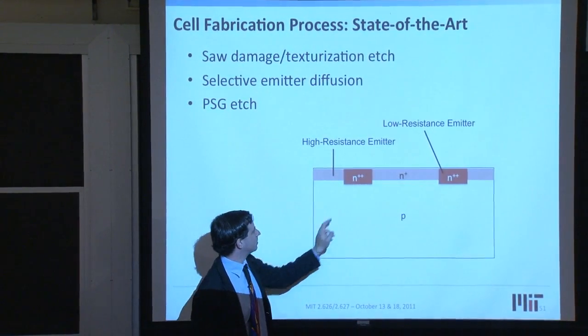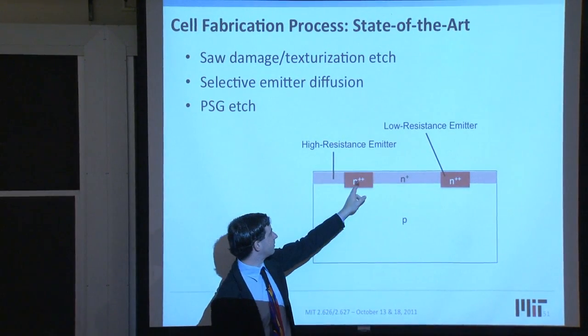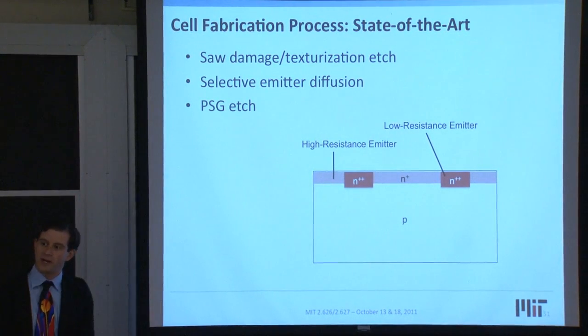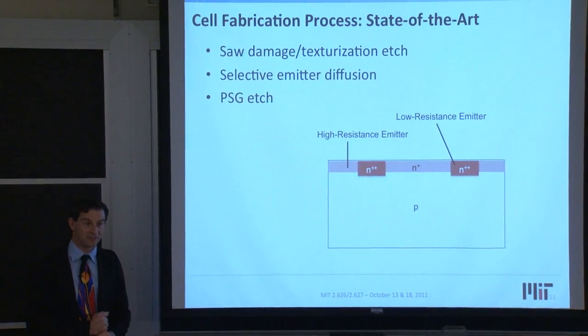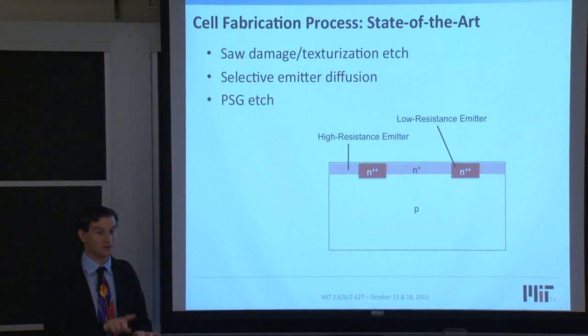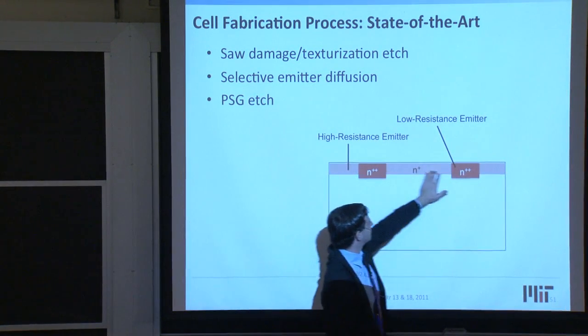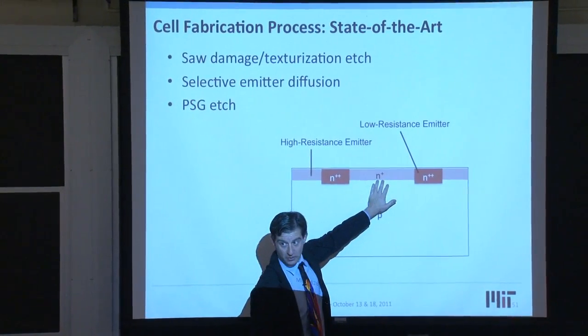Typically what we do is deposit a lower resistance, or more highly doped, that's why we have the 2 pluses here, that means very highly doped, emitter right underneath where the eventual contact metallization will go. That's to reduce the contact resistance. That's to create the tunneling junction between the semiconductor and the metal. Okay? So we have the high resistance emitter over here. This is representative of a shallow emitter.